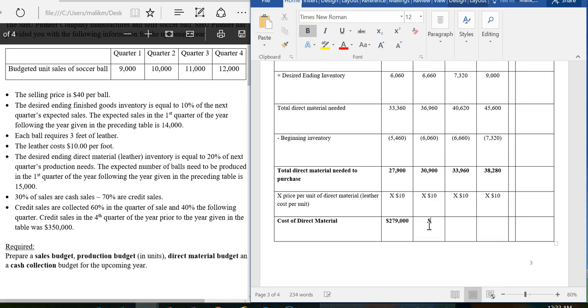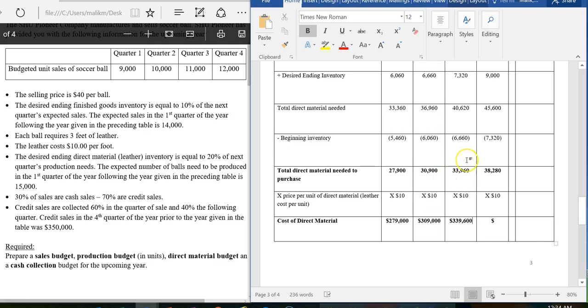So if you multiply it, quarter one is $279,000. Quarter two is $309,000. Quarter three is $339,600.